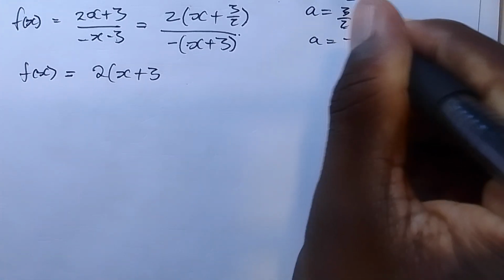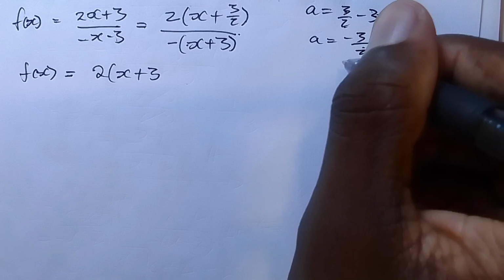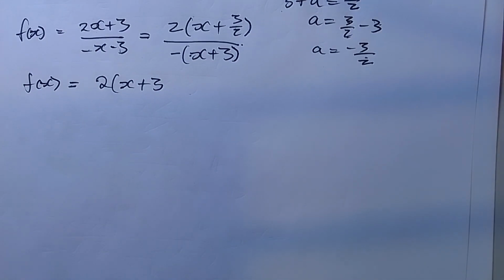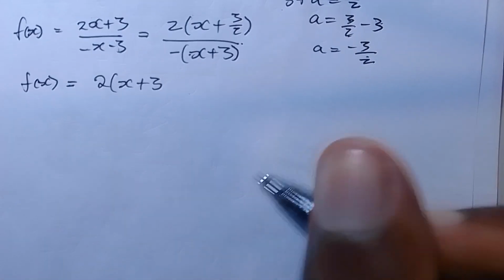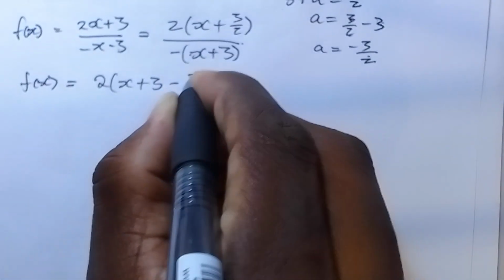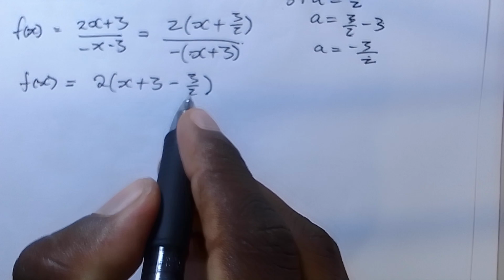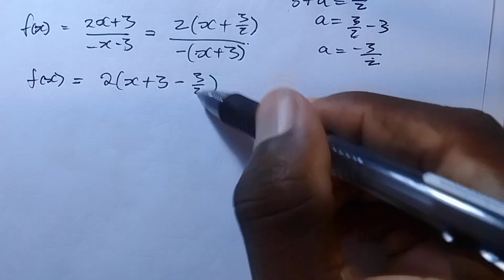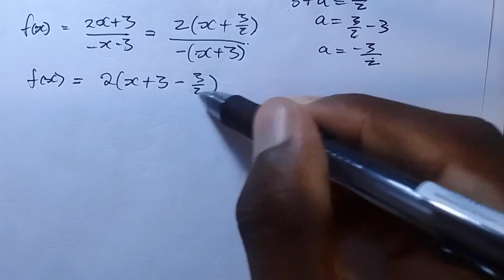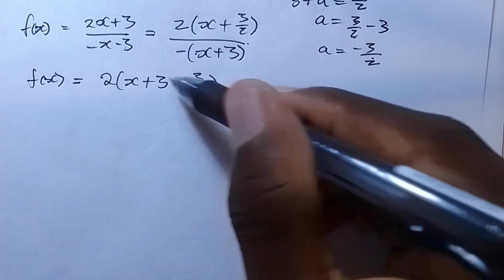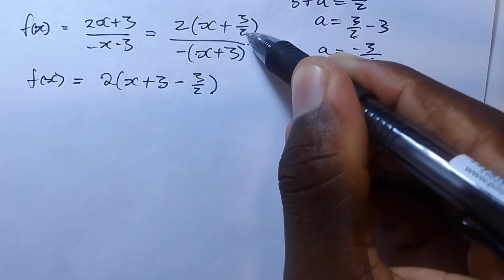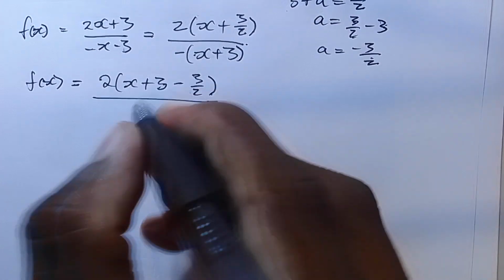So a is equal to negative 3 over 2. So now you say negative 3 over 2. So this will reverse you back to that. And another way you can look at it is, this is half of 3. This is 3. So if you remove half of 3 from 3, you're going to get half of 3. But you have a calculator, so you don't have to go through all that hassle.